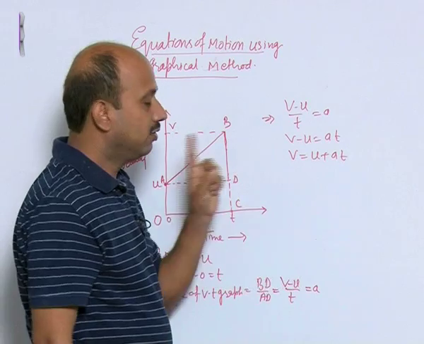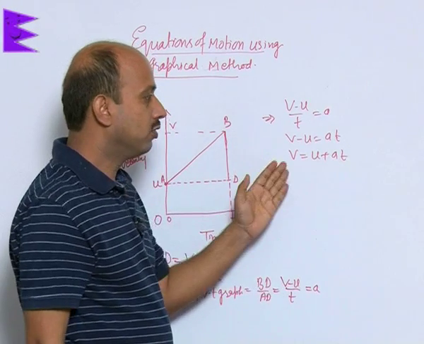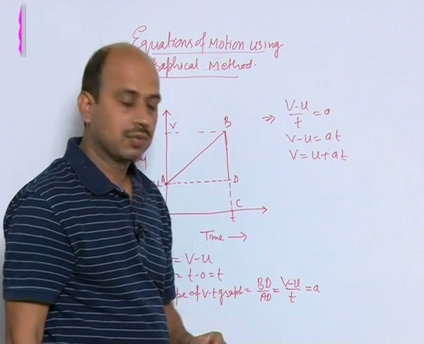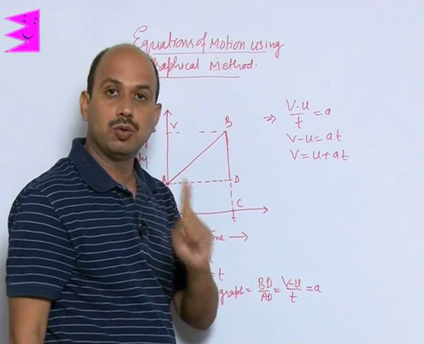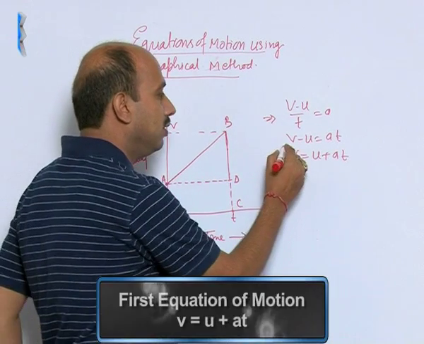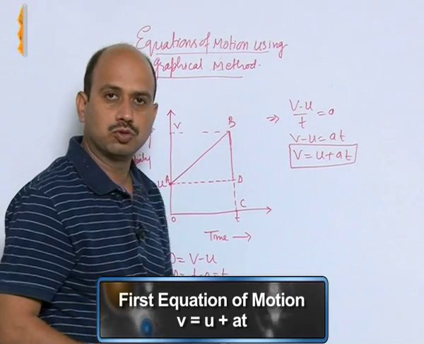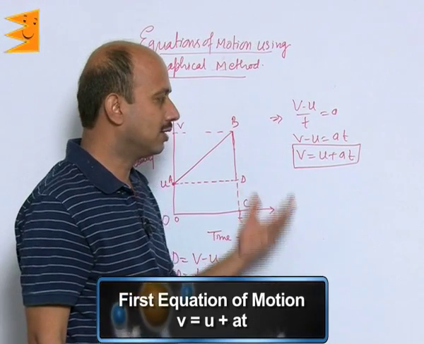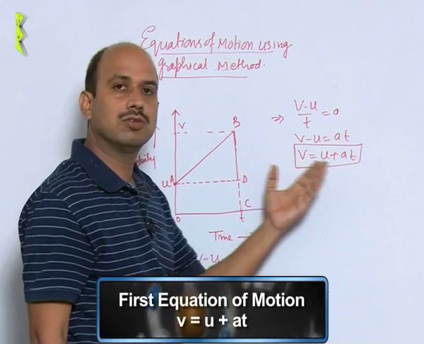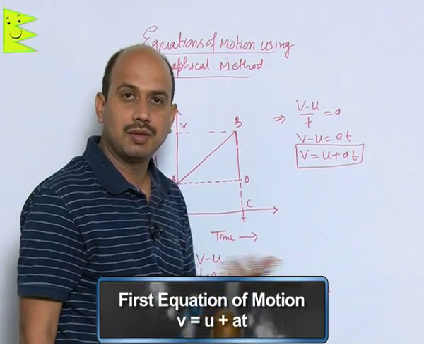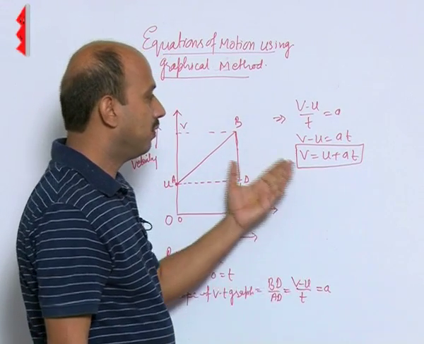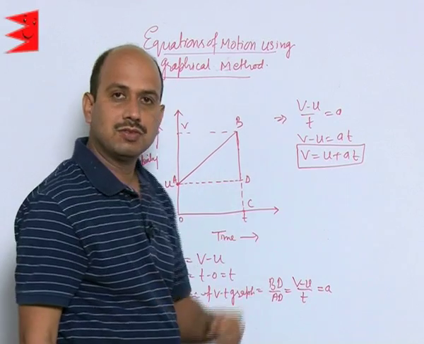This is the relation between velocity, acceleration and time, with acceleration remaining uniform, and this relation is known as the first equation of motion. You can call it the first equation of motion, or better, the relation between velocity, acceleration and time.